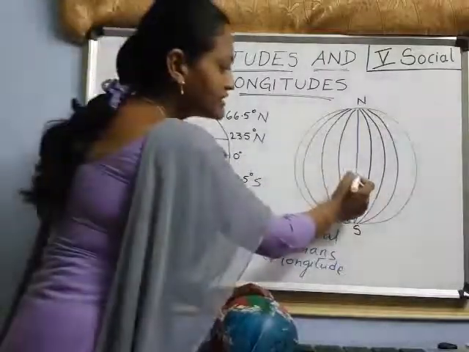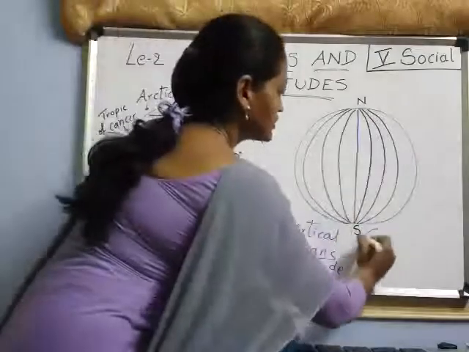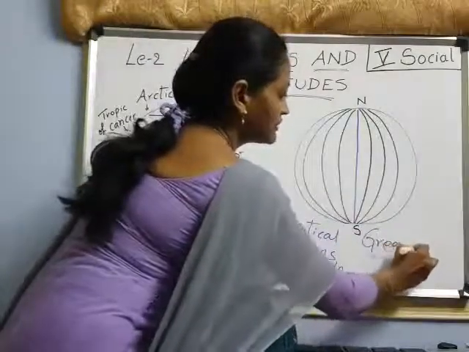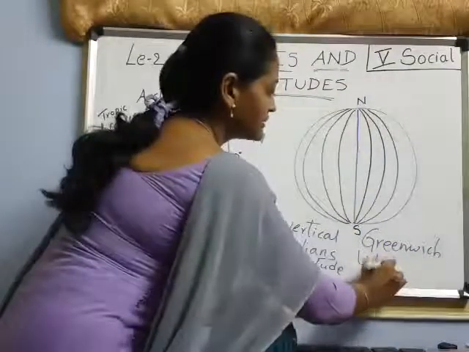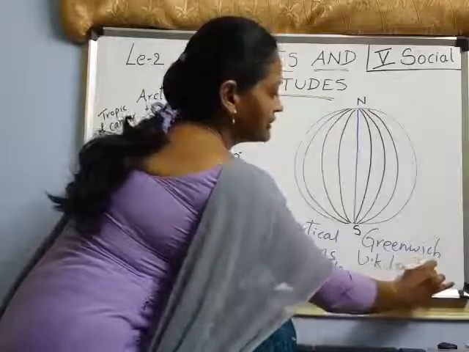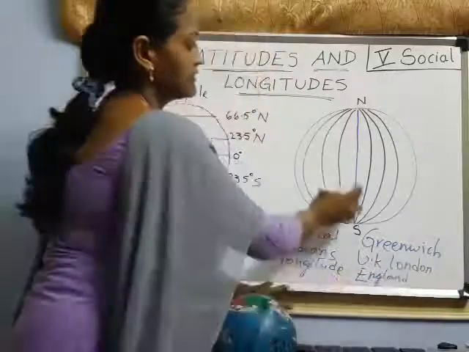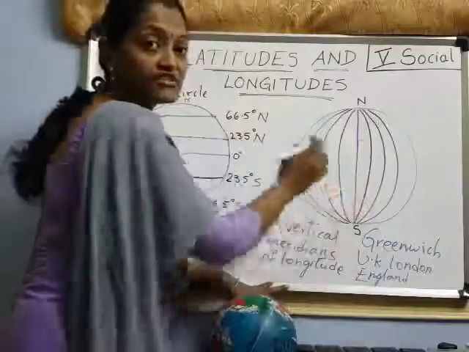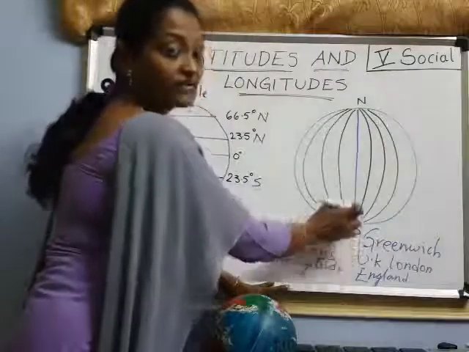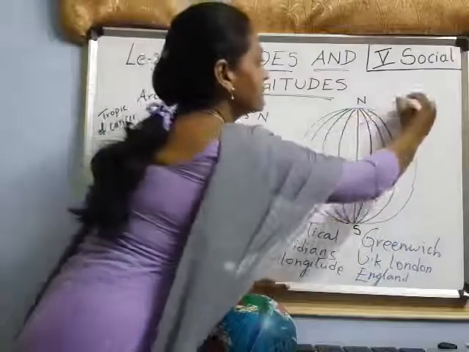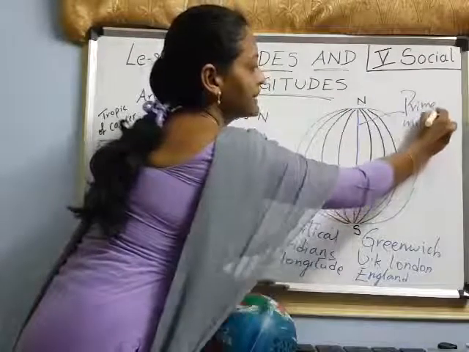The line that is running through one particular place, Greenwich, which is located in the UK, in London, in England, right? The line passing through the Greenwich place we call the prime meridian. What do we call it? Prime meridian.